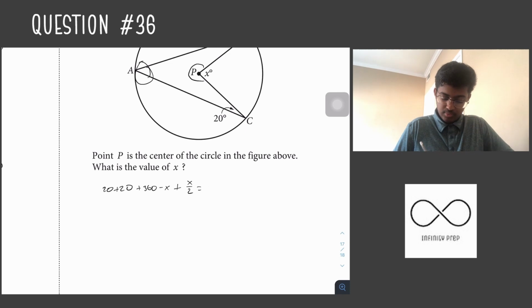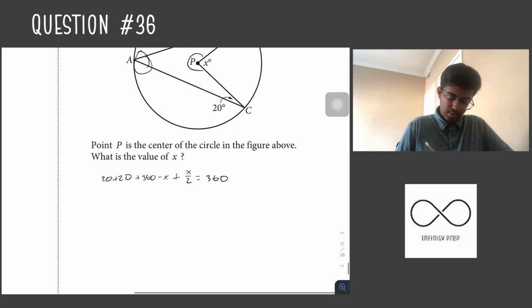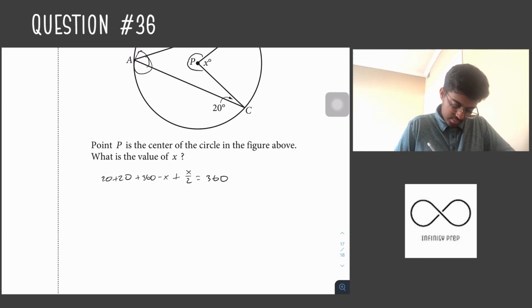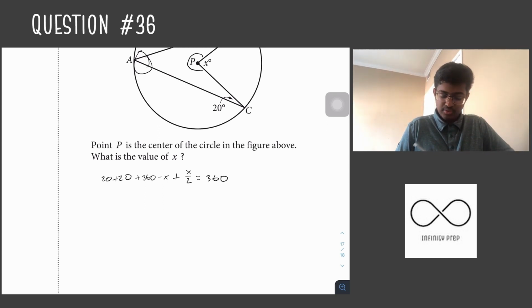So this equals 360. Let's combine like terms, and when we do that, we get 20 plus 20 plus 360 is 400. Negative x plus x over 2 is negative x over 2, is equal to 360.